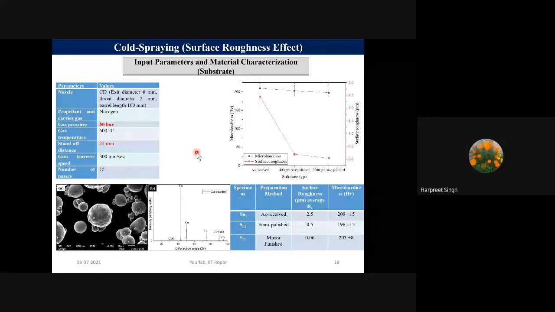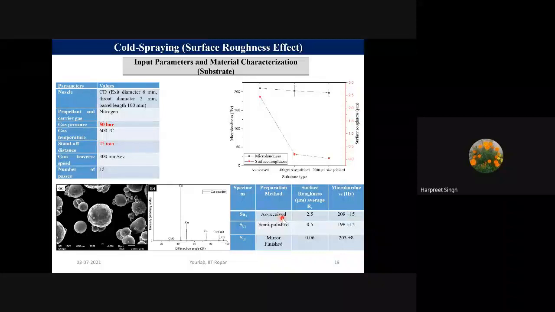Now what we have done here is we have taken three conditions. One is as received, where the surface roughness, represented by the Ra value, was 2.5 in one case. Then we have semi-polished samples, which is 0.5, and this one is 0.6, right?